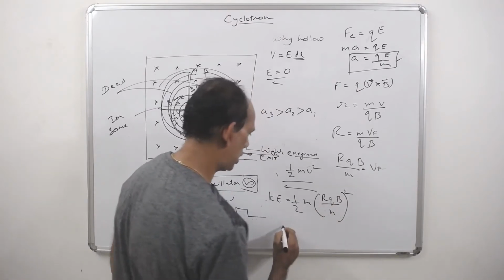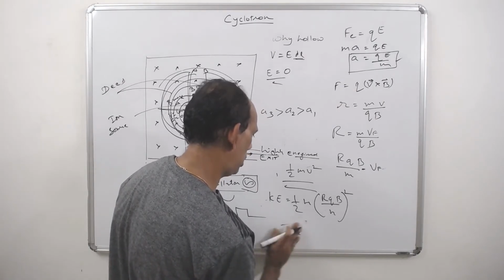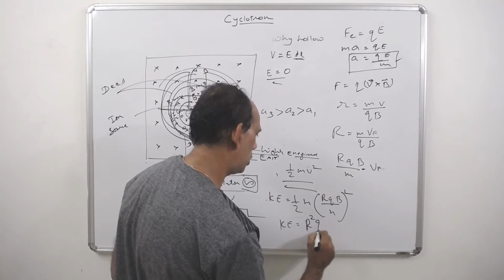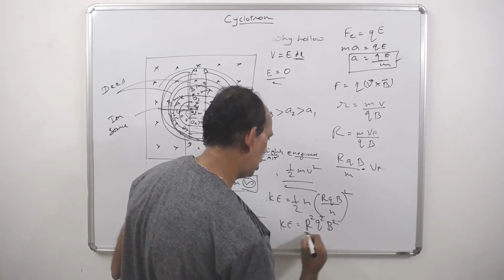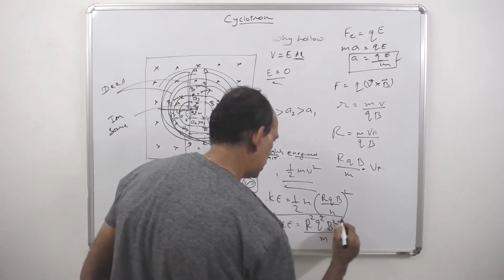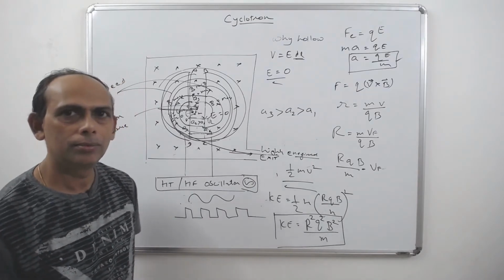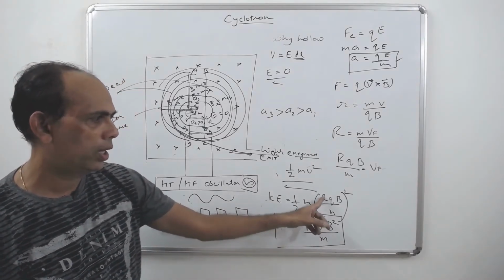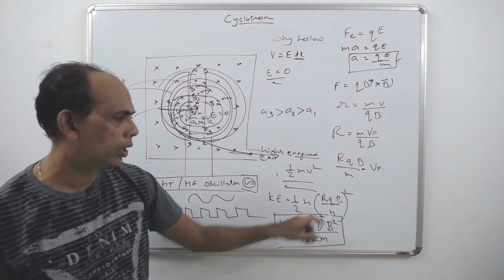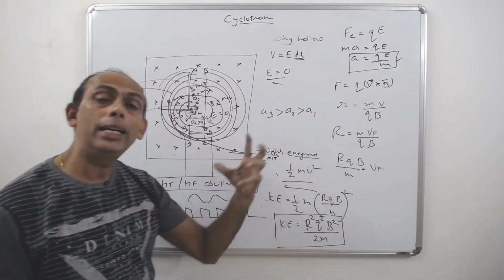So that gives us kinetic energy is r square q square B square upon, m cancels, sorry, upon 2m. So r square q square B square upon 2m is the kinetic energy we are getting, the kinetic energy we achieve at the end of its exit.